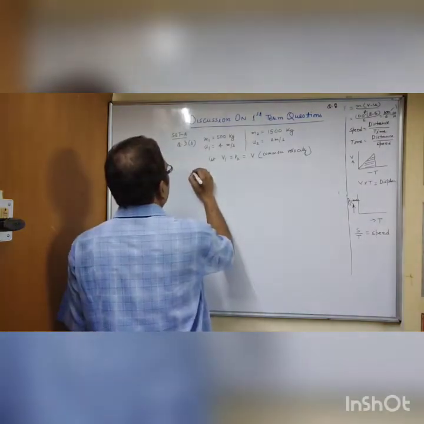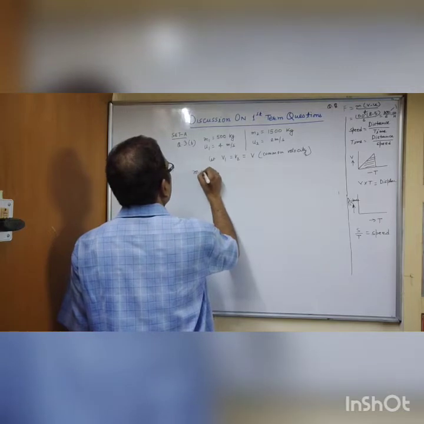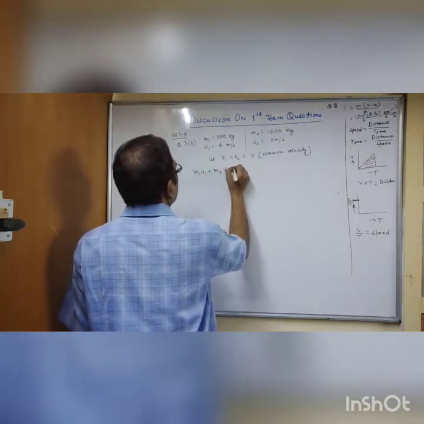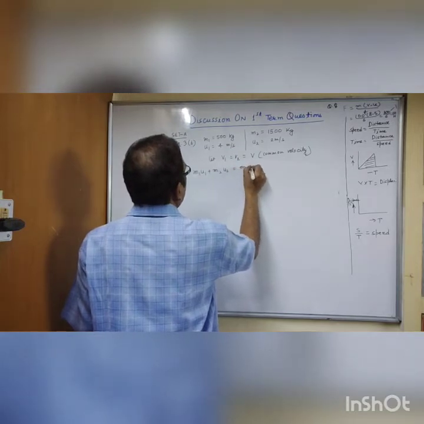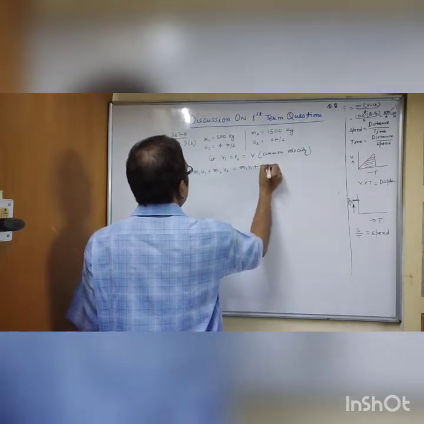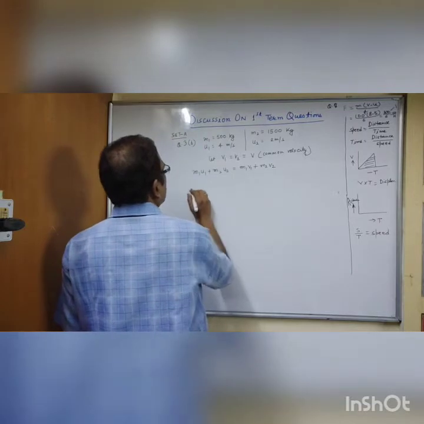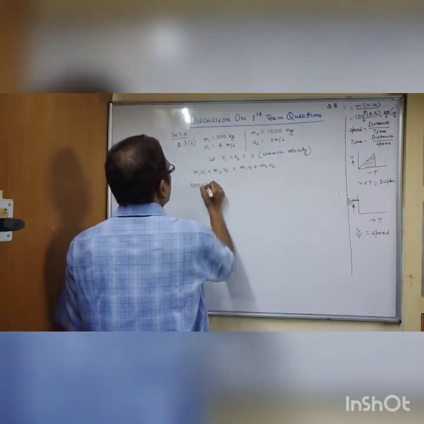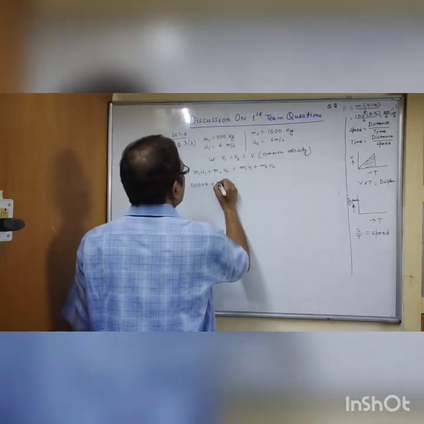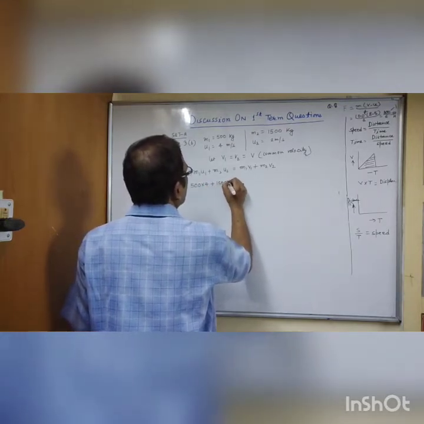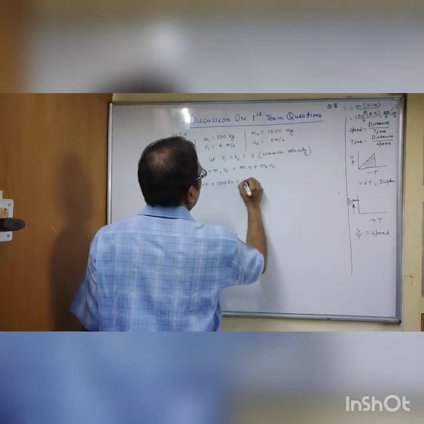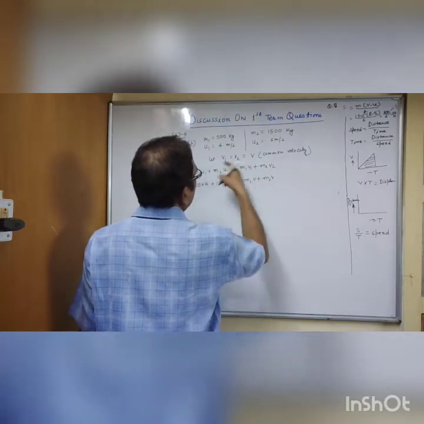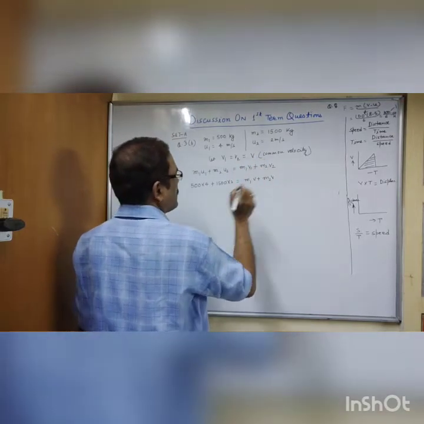Now, from law of conservation of momentum, you all know that m1u1 plus m2u2 is equal to m1v1 plus m2v2. Now substitute the values. It will be 500 into 4 plus 1500 into 2, and here we will write m1v plus m2v because v1 and v2 are equal to v.